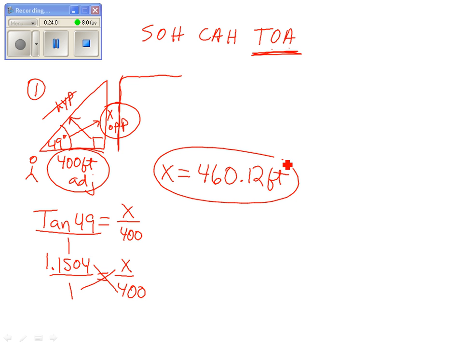That's how tall the hill is, about 460 feet. Main thing here is to label your sides and then figure out which of the 3 trig ratios you're using.